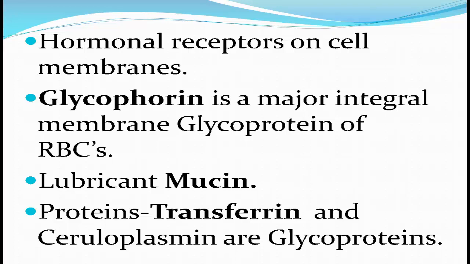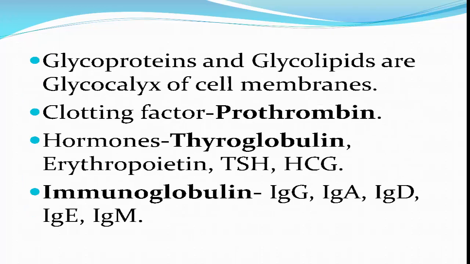That's why glycosaminoglycans are also called mucopolysaccharides, but that is different. Mucin itself is a glycoprotein. Then there are many transport proteins, like transferrin for iron and ceruloplasmin for copper. They are also glycoproteins. So a large variety of proteins in our body with a large variety of functions are all glycoproteins.